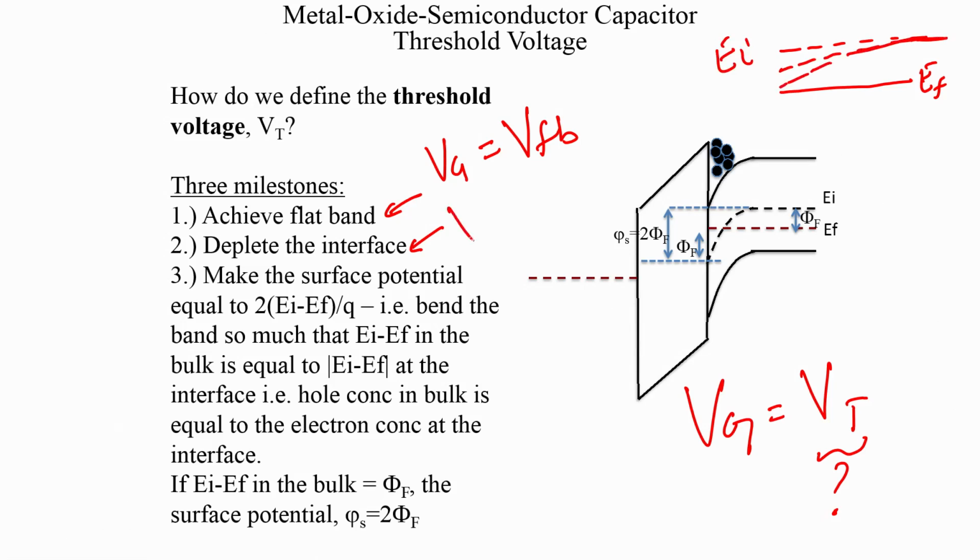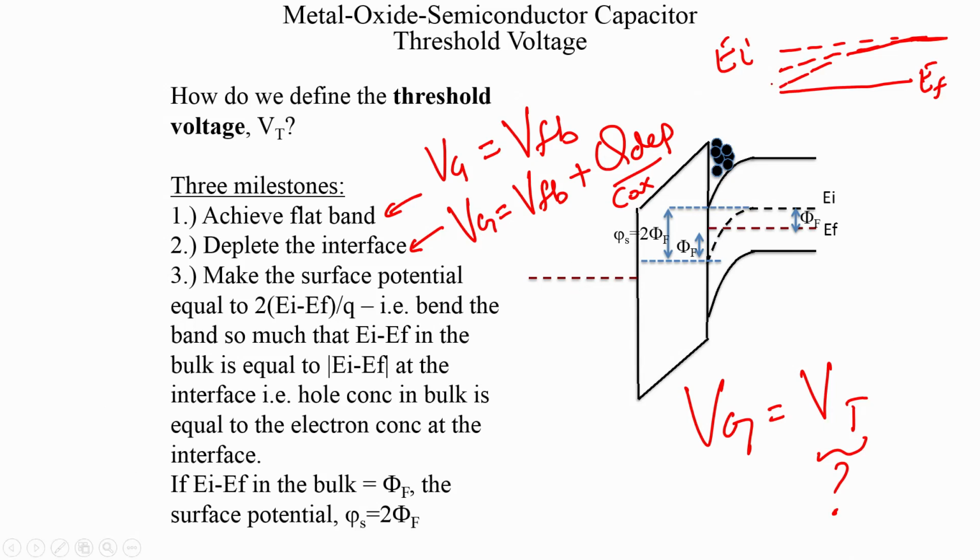You then have to cross the second hurdle: you not only have added the flat band voltage, but you start depleting the semiconductor, and this total depletion charge divided by Cox, the insulator capacitance, is the effective voltage that you need to add.